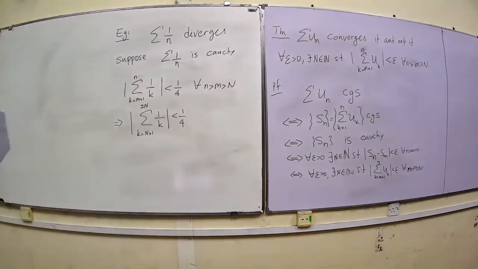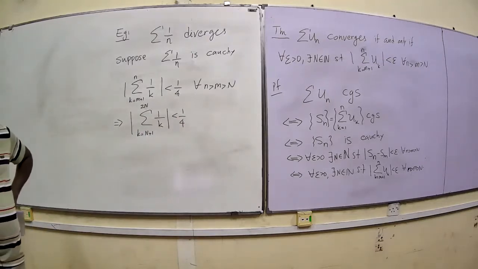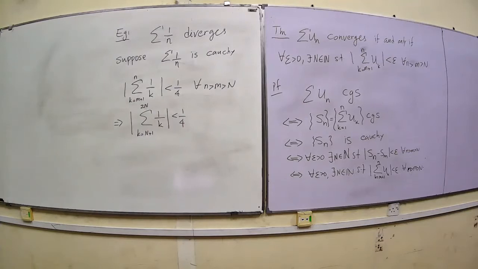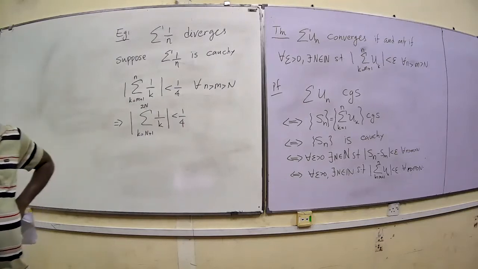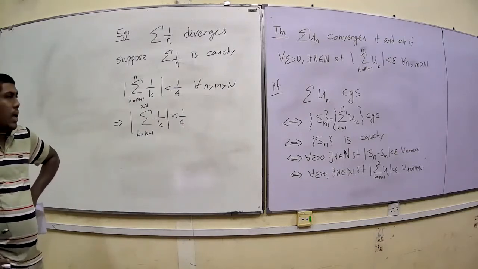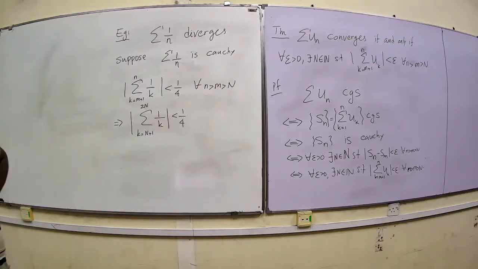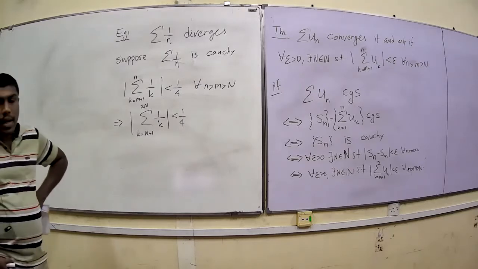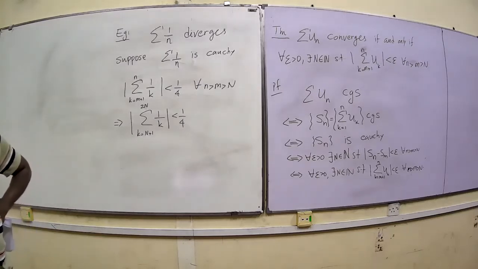So clearly you can take small n as 2 times capital N, and small m as capital N plus 1, right? Because m must be greater than N, so N plus 1 works, and n must be greater than both m and capital N, so you can always take 2N.